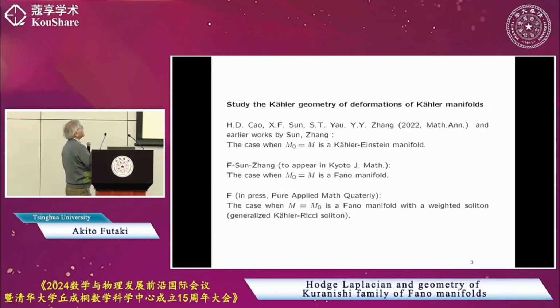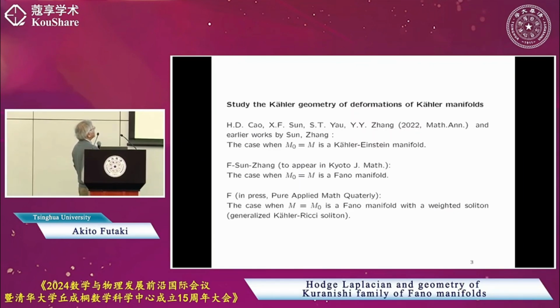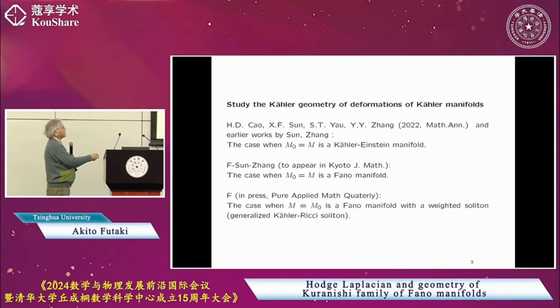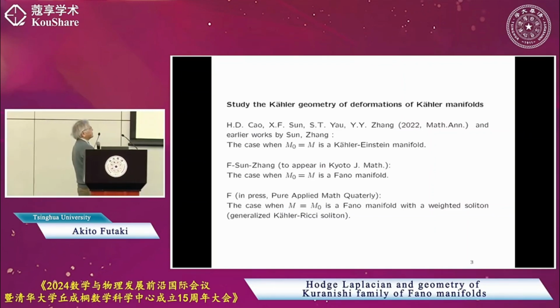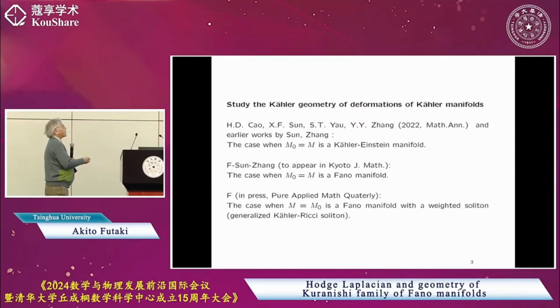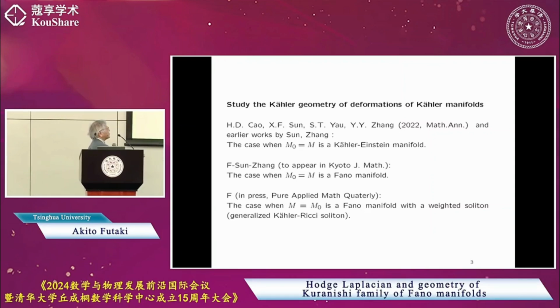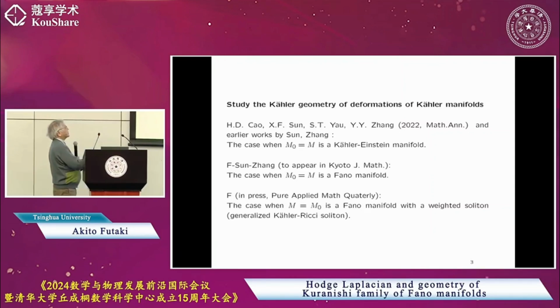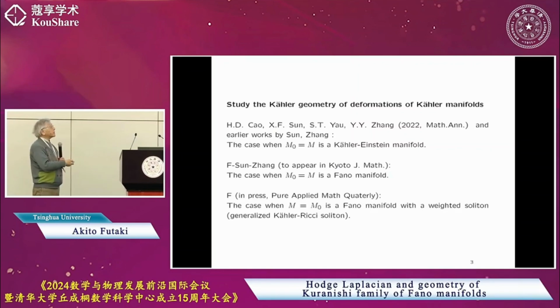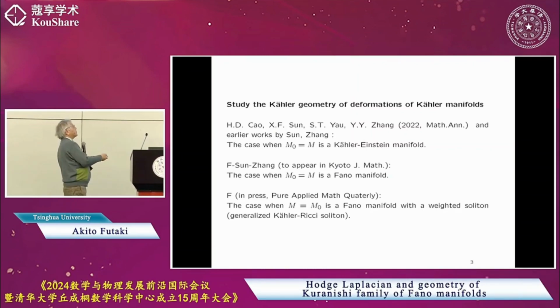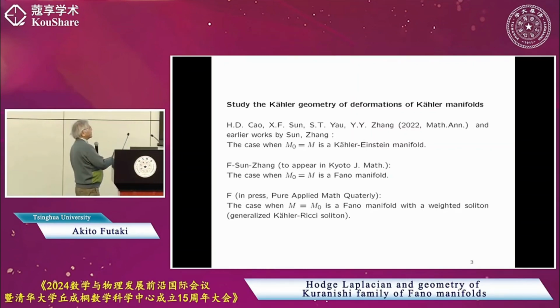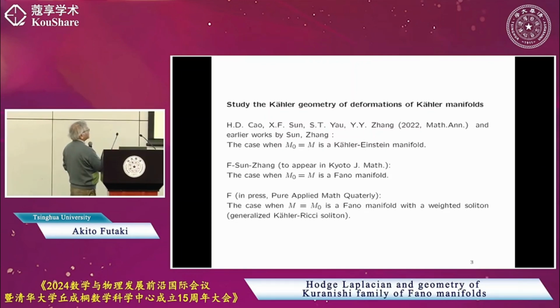Then next I want to discuss Ricci solitons or their generalization. This is recently studied by people like, this notion appeared from different contexts, like conformally Kähler Einstein metrics or their extensions.